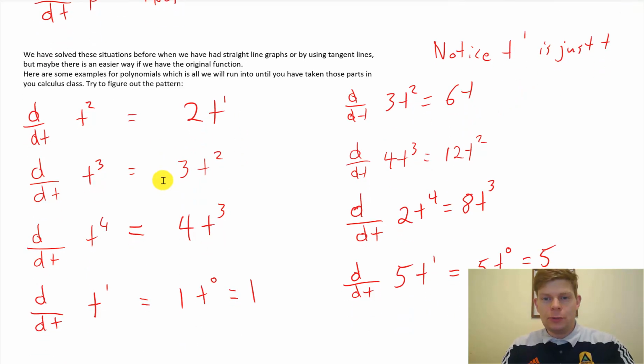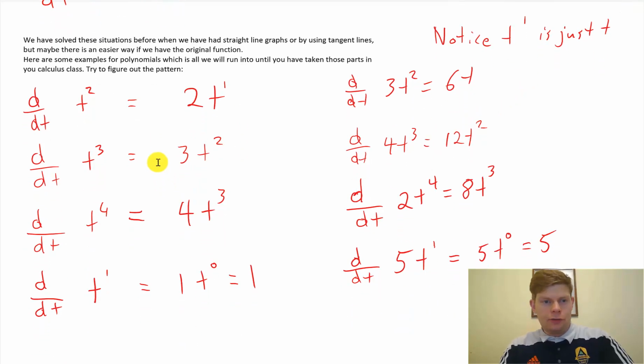So here's a bunch of polynomials, which is all we're going to care about for the first bit. All right, so derivative of t squared with respect to time is 2t to the 1. The derivative of 3t squared with respect to time is 6t. Derivative of t cubed is 3t squared.